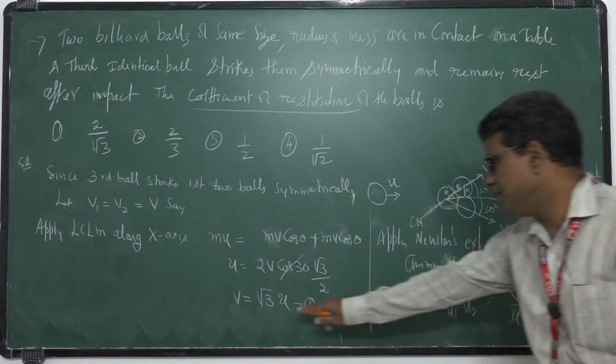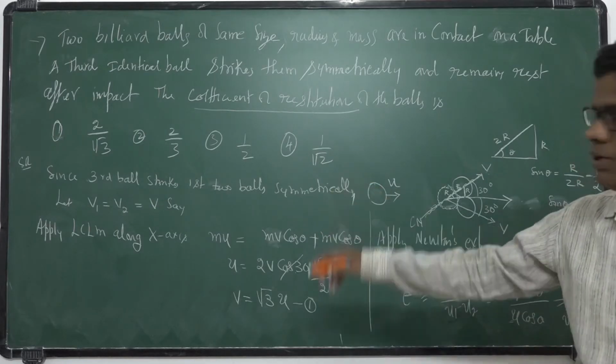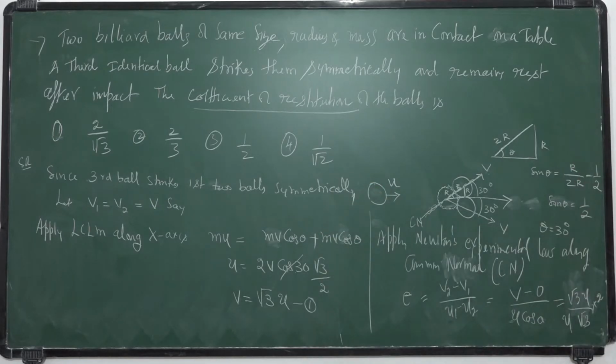Instead of v I am writing root 3 u, so root 3 u by u cos 30, which is root 3 by 2. The u gets cancelled. No, we got it wrong. Check where it is.